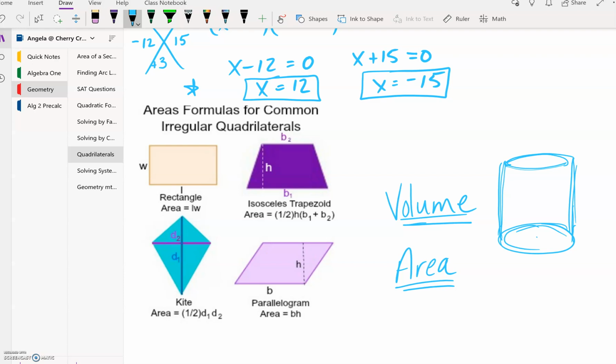So here are just some area formulas that you can look at and refer to. The D1 and D2 in this particular formula refer to diagonal 1 and diagonal 2. So this is a nice little formula. This formula also will work on a rhombus.